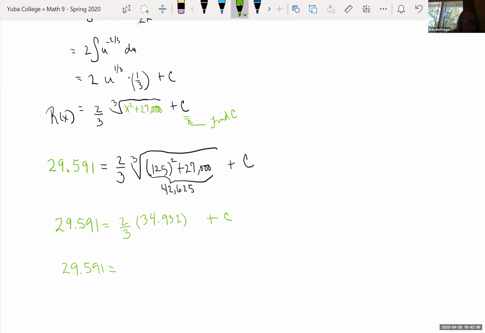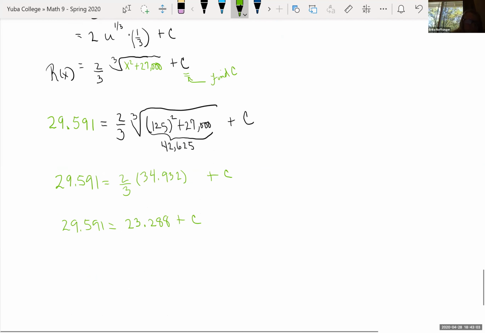That gives me about 23.288 plus C. So subtract 23.288 from 29.591. We get that C is equal to 6.303 approximately.